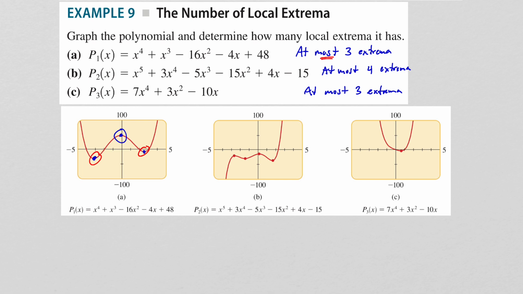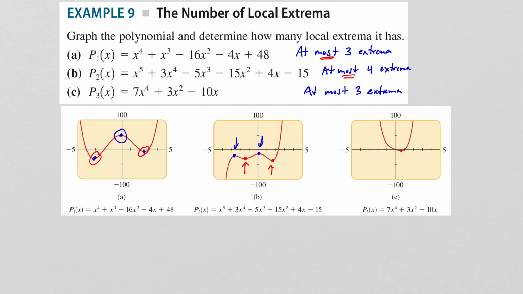In the next graph, you can see that we have a local maximum here and a local maximum here, and then we have a local minimum here and a local minimum here. So 2 local minimums and 2 local maximums, which brings us to a total of 4. And that is consistent because we did say it could have at the most 4.